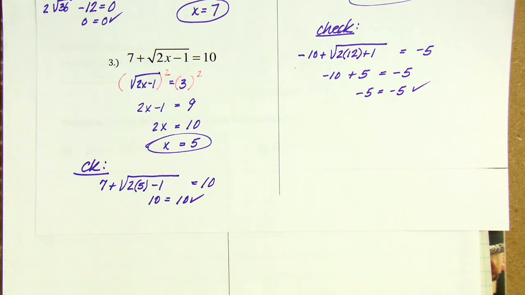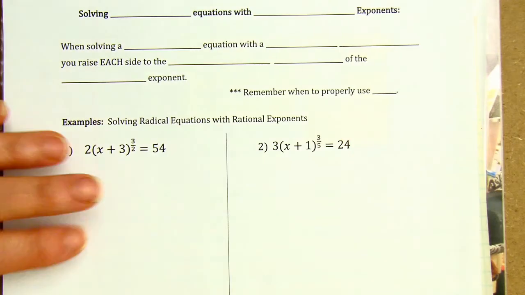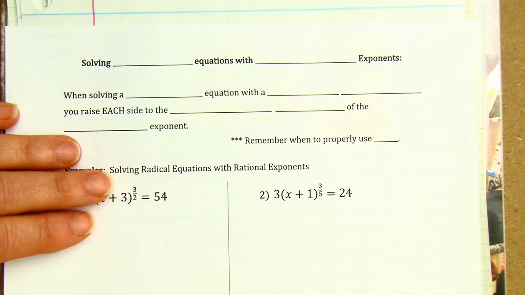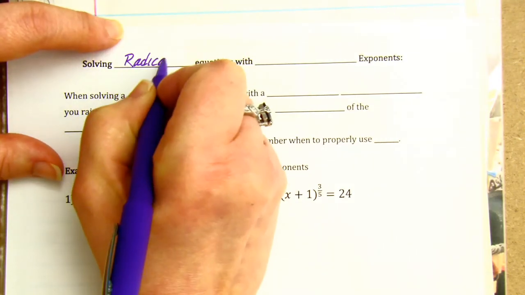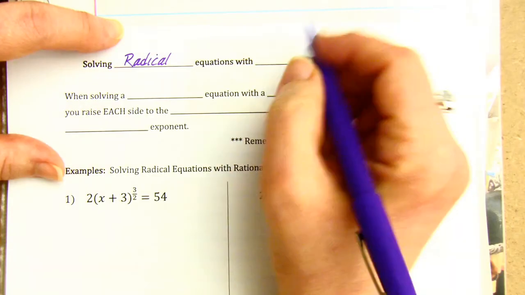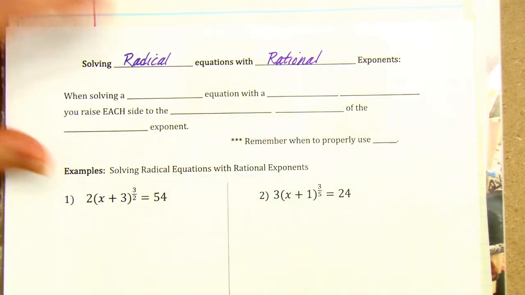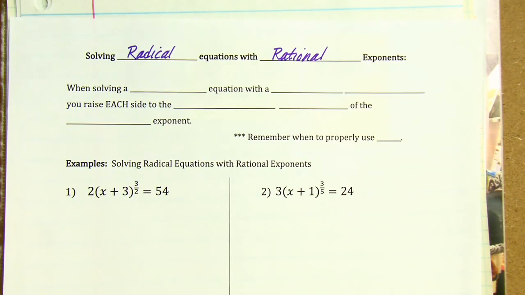All right, side 2 of our notes. Solving radical equations with rational exponents. Remember, the rational exponents are really radicals in disguise.